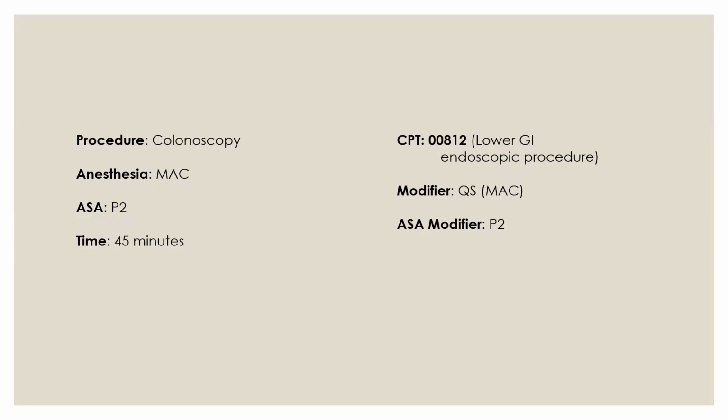We have the CPT code of 00812, which is the anesthesia code performed on lower GI endoscopic procedures. The modifier QS is for MAC procedures, and the ASA modifier P2 would be added. This is a straightforward MAC case.